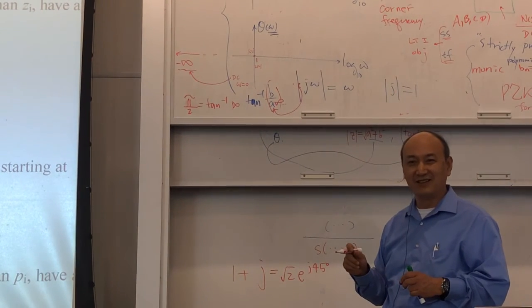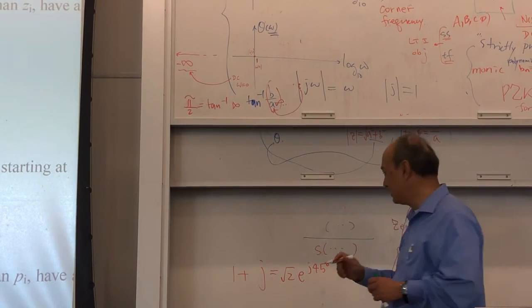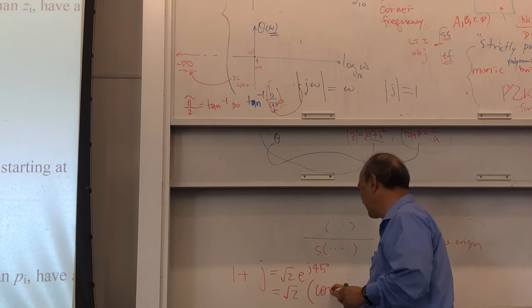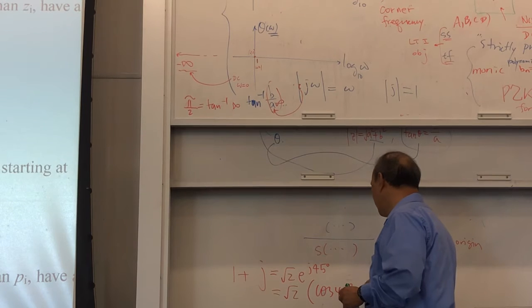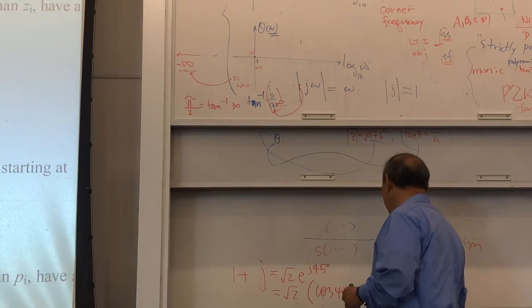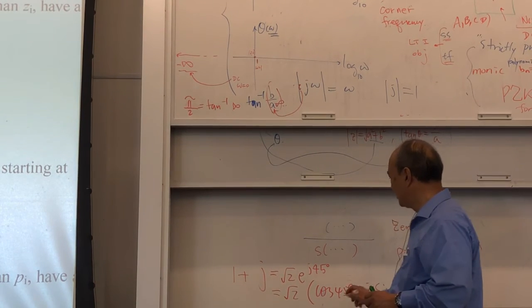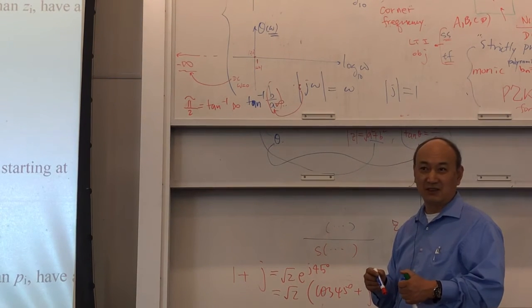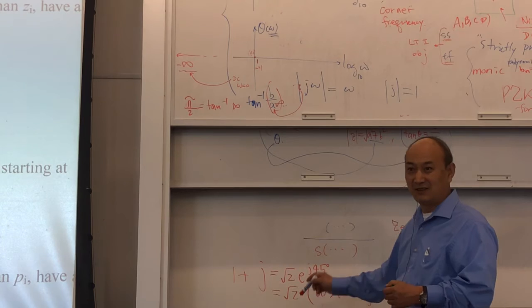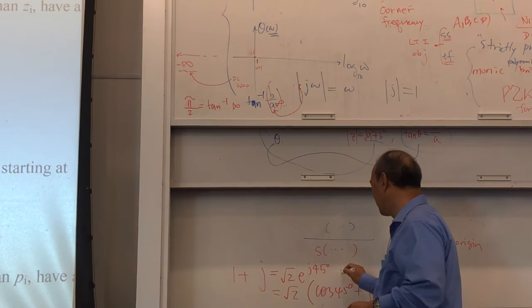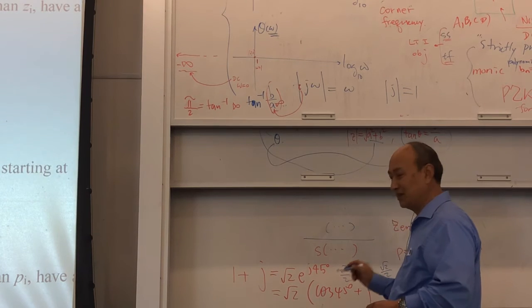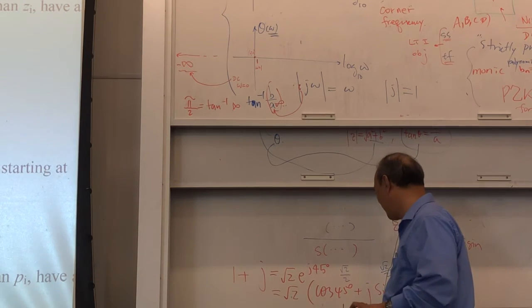You agree? You should. So it's square root of 2 times cosine 45 plus j sine 45. So what is cosine 45? Do you need to check? You should memorize this. So this is square root of 2 divided by 2, square root of 2 divided by 2, okay? So you have square root of 2, so you get 1 plus j.